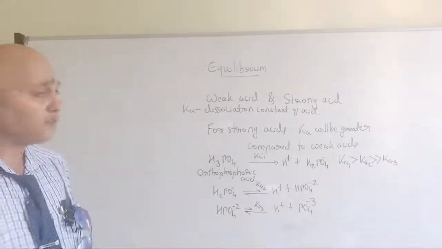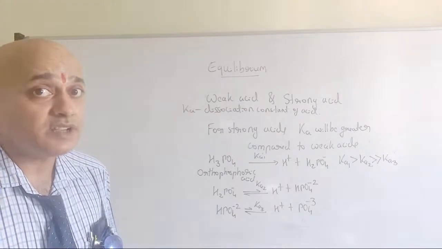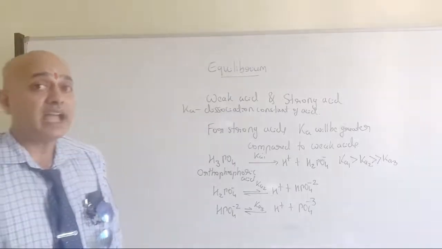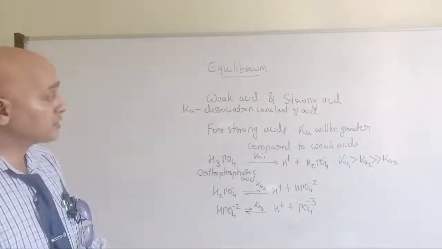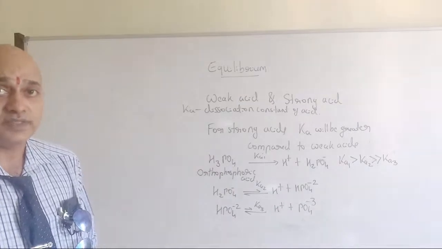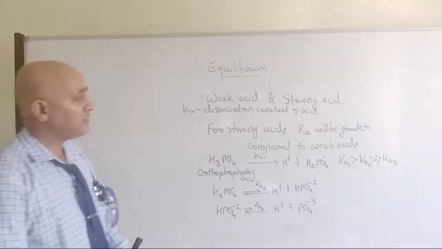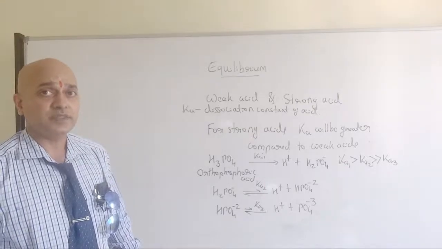All of you have understood? As the Ka value increases, that particular acid will be a strong acid. Strong acid means it can release the H plus very fast. So that's where we have the dissociation constants for the acids.